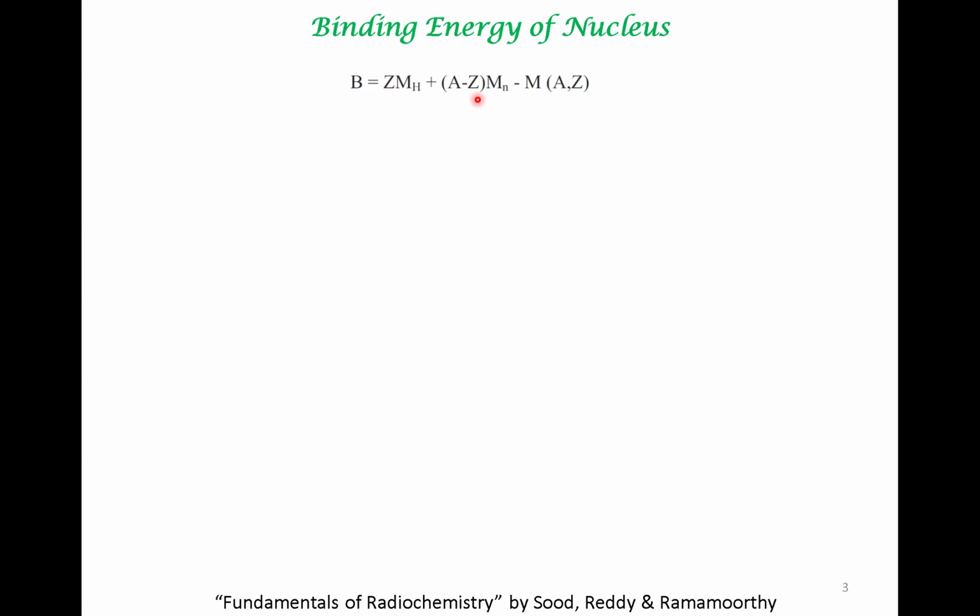They are all brought together to form a nucleus with atomic weight A and atomic number Z. When you do that, because there is an energy equivalent for mass, with this formula, you can write the binding energy of the nucleus. Let's implement this in some cases to understand it better.